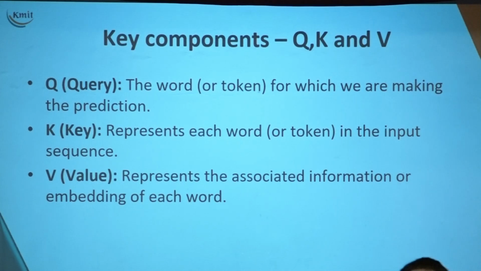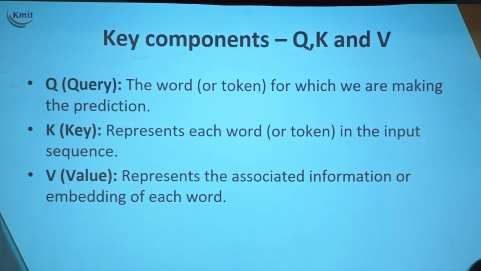So the word that you are actually using for prediction is your query. Key represents each word of your input sentence. Each token of your input sequence is your key. Key-value pairs you have already done, no? You built a vocabulary with a key and a value. So key represents each word and value represents the embedded information of that word, meaning the vector relevant to that particular word.